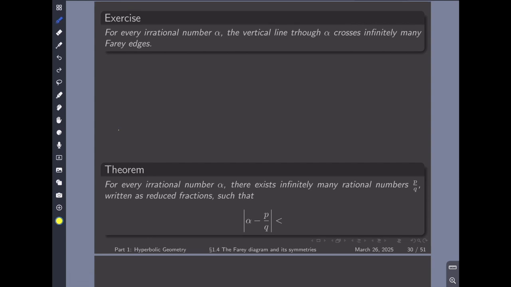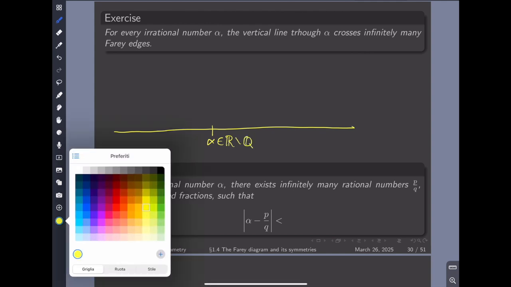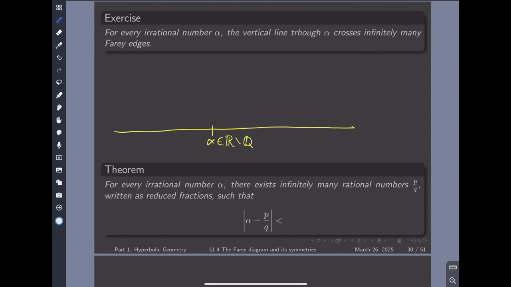So draw the real line, or if you want, R bar, and take an irrational number, alpha, and then draw the vertical line through that irrational. In other words, the geodesic connecting it to infinity. Well, that doesn't look very straight.